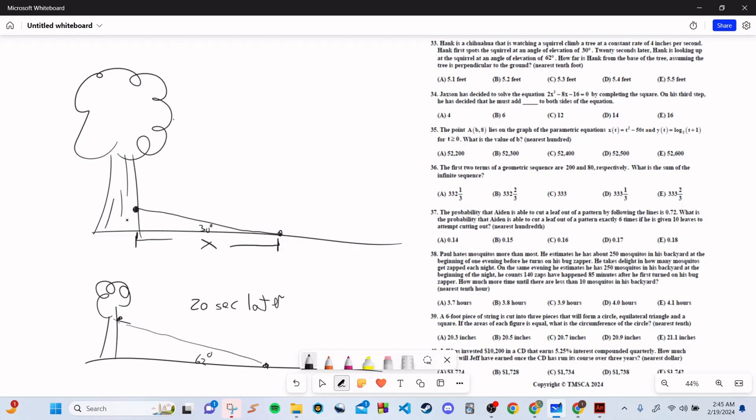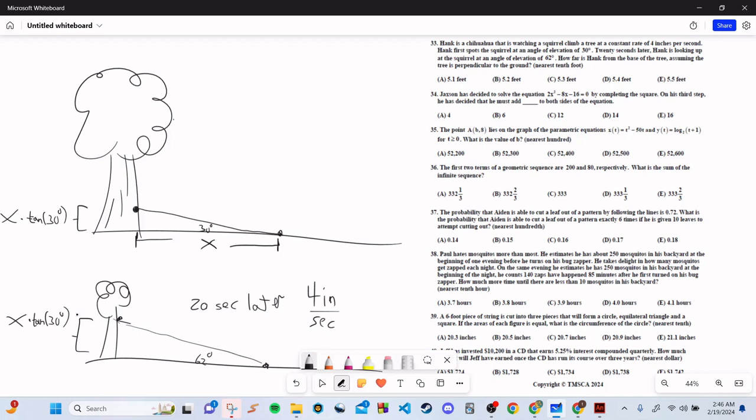So here's what we can do. Let's call this distance x. The squirrel's original height would be this length, which would be x times the tangent of 30 degrees. After 20 seconds, we've got that initial value of x times the tangent of 30 degrees. But again, it's 20 seconds later, and the squirrel climbs at a rate of 4 inches per second.